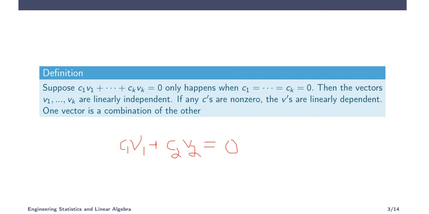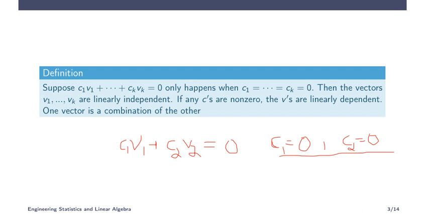In this case, c1 v1 + c2 v2 = 0 happens if and only if c1 = 0, c2 = 0. Then 0 times v1 plus 0 times v2 equals 0, and this is a trivial solution, right? c1 and c2 equal to 0 is a trivial solution for a homogeneous equation. If this is the only solution, and we don't have any other solution, then only it is linearly independent, otherwise it is linearly dependent.